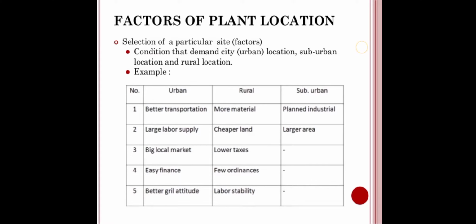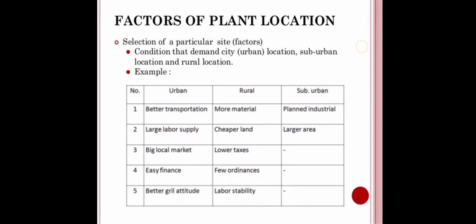Then labor stability, because rural areas have more labor, and if labor is at their own home, then labor stability will be there. In an urban location, a large labor supply will be there, but not labor stability. If labor has other opportunities, they will move.